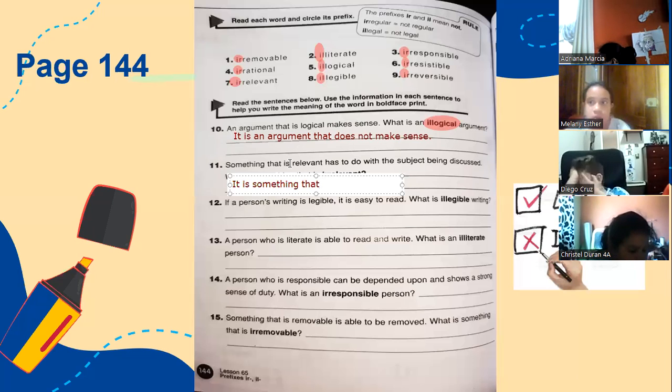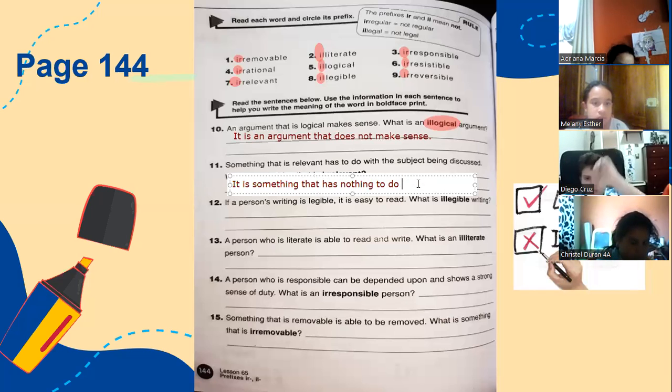The first sentence says something that is relevant has to do with the subject. And something that is irrelevant is something that has nothing to do. No tiene nada que ver. Okay, that's what it means, has to do. It has to do, tiene que ver con la tarea que no hizo ayer. El bajo puntaje tiene que ver con las tareas que no hizo.